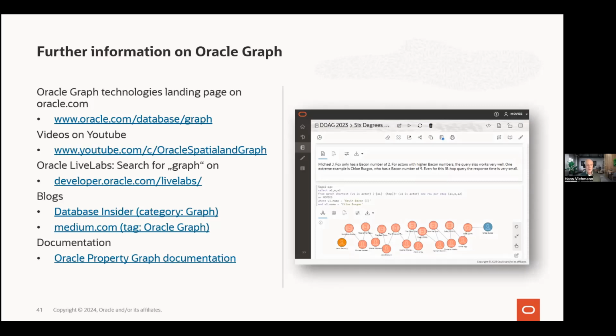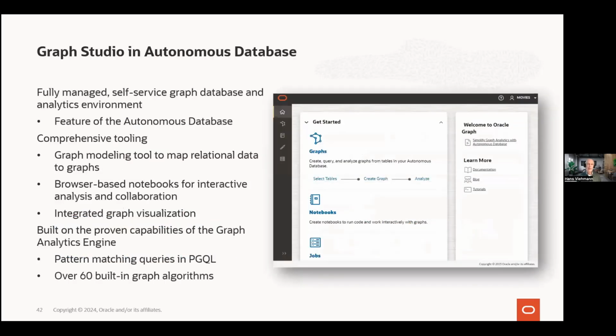Well, there's one thing which I would strongly recommend if you want to get started. I mean, here we were really looking at 23c, folks using SQL and so on. If you want to start working with graphs in general, my recommendation would be to use Graph Studio in Autonomous Database. Right, that is not yet running on 23c, but it comes with all the automation of the Oracle Autonomous Database. It has a lot of additional tooling. We've shown it in previous Ask Tom sessions.